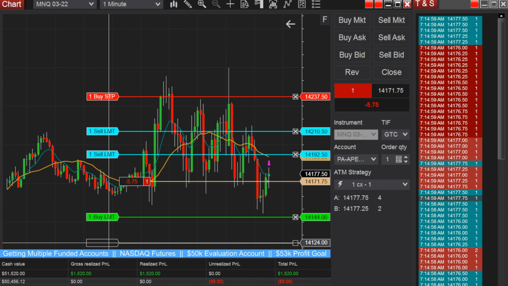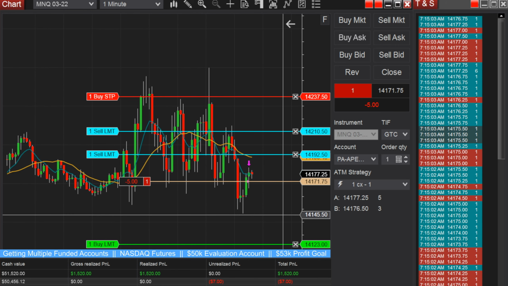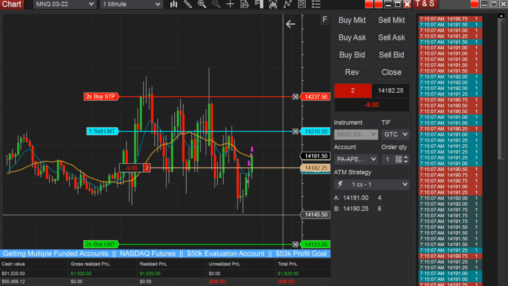Okay, here I fill in with 1 micro, and I'm going short. Overall, I do see a downtrend, and I'm in 2 contracts right now.